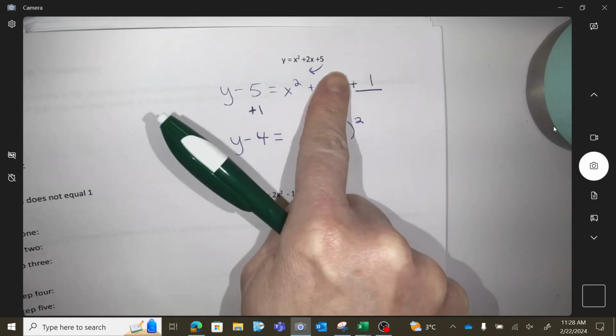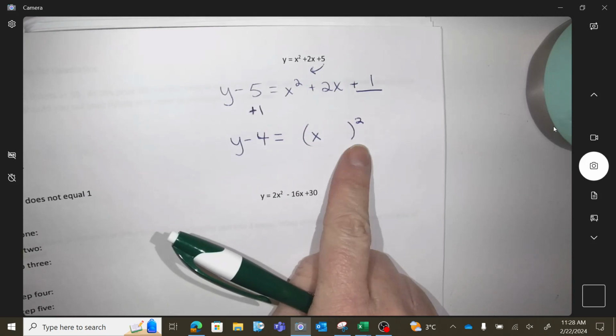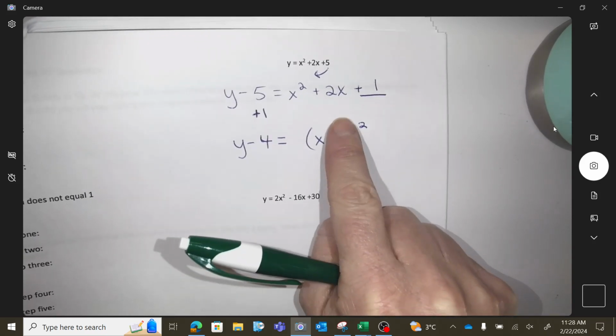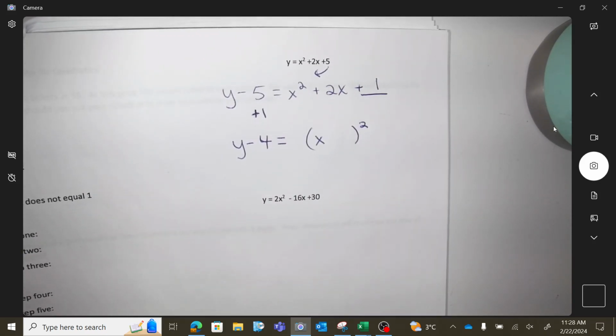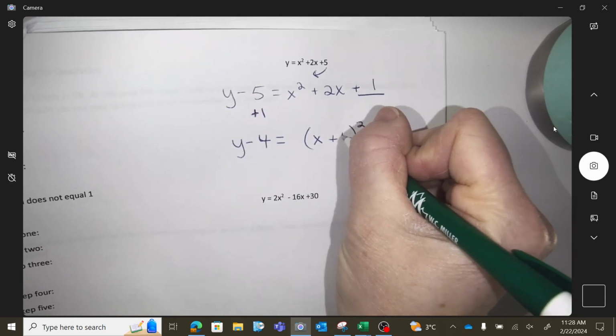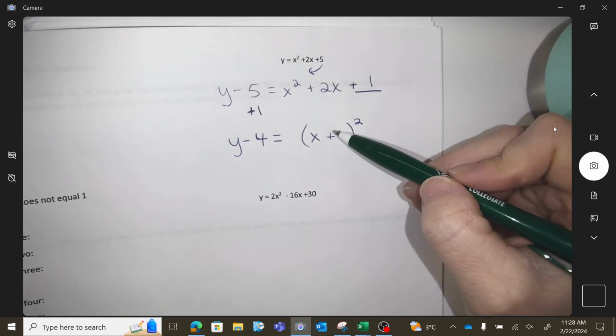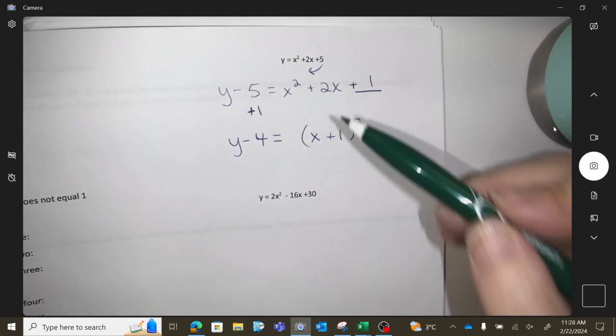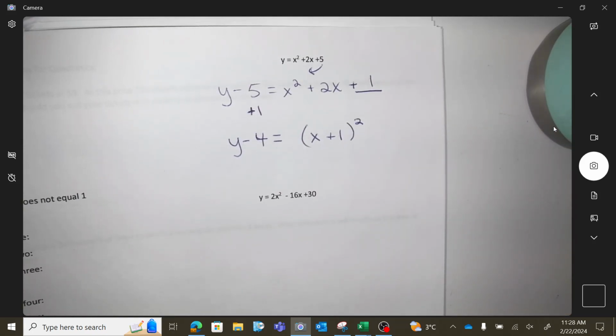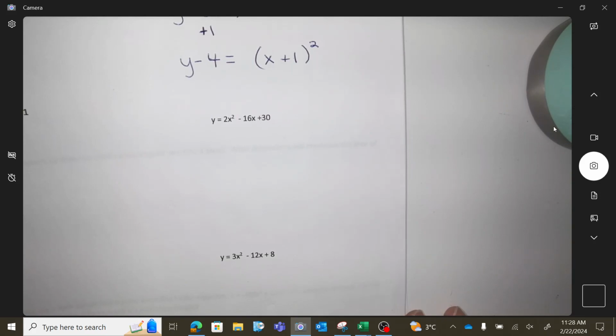X, so remember I'm foiling it out. What's going to FOIL out to multiply to that and add to that? Plus 1. Multiplies to that, adds twice to that. Okay, ready to amp it up a notch, next level.